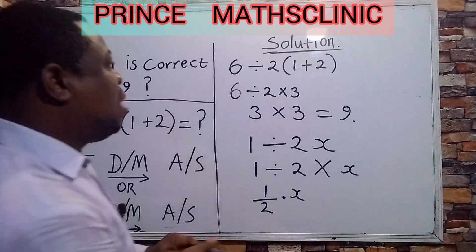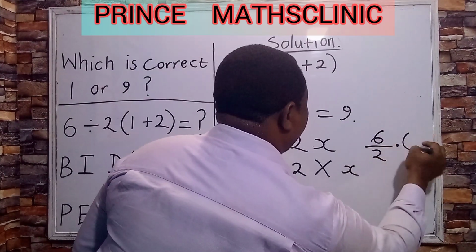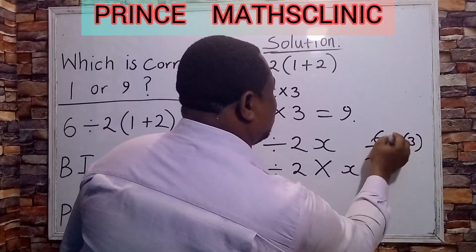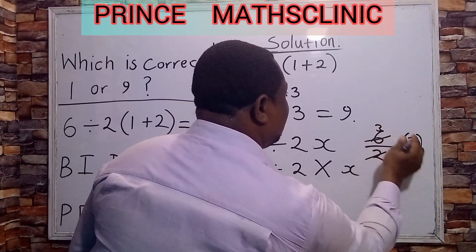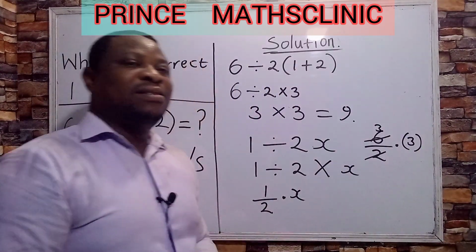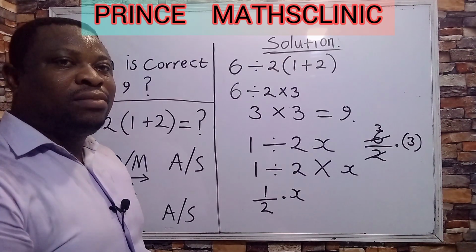Remember when we solved the problem, we said what? 6 divided by 2 multiplied by what? What we have in the bracket, 1 plus 2, which is what? 3. And 2 goes in 6 3 times, and 3 times 3 gave us 9. So that is the solution to this particular problem.